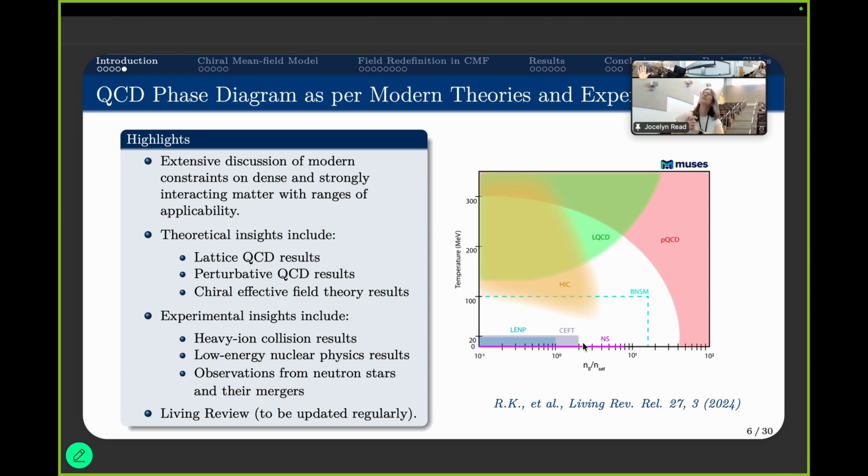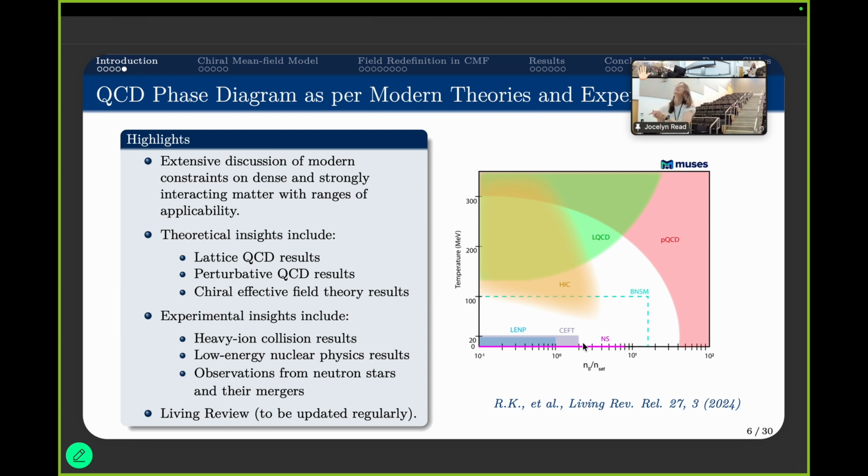Do you have any idea about observations of astrophysical events that do have some temperature affecting the dynamics of the system, so neutron star mergers or supernovae or kilonovae? Have you considered that kind of observation connecting with the theoretical description?